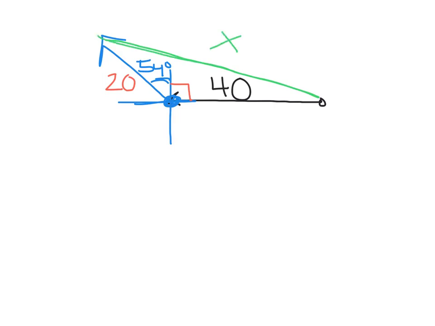In our situation, we have two sides and we know the angle in between, so if I want to find X, we're going to use the law of cosines.